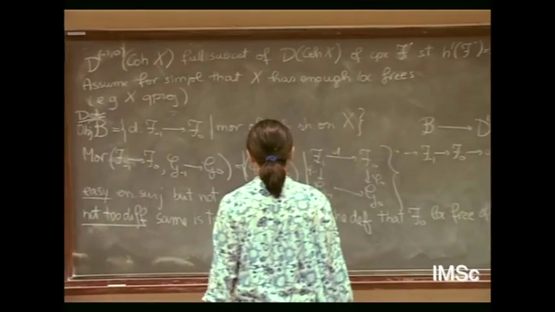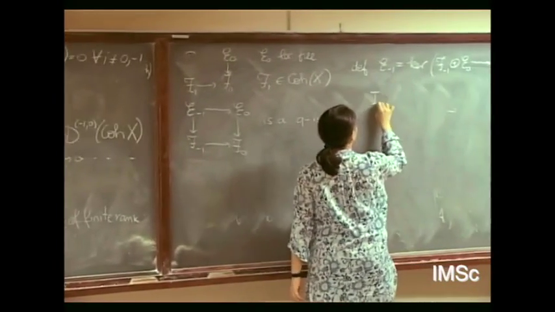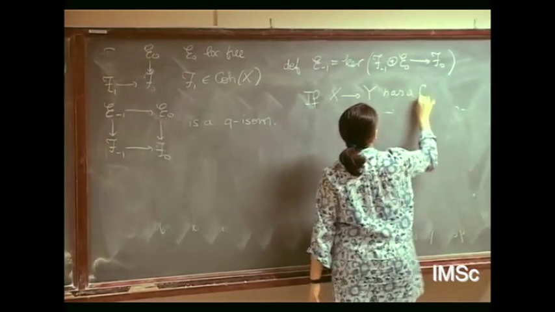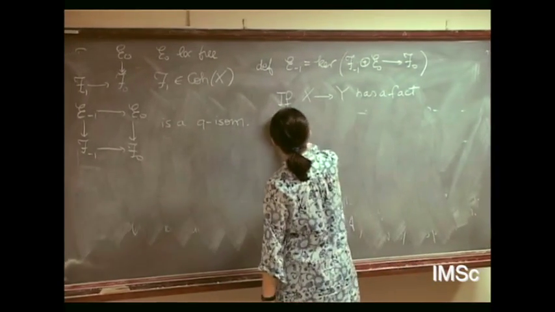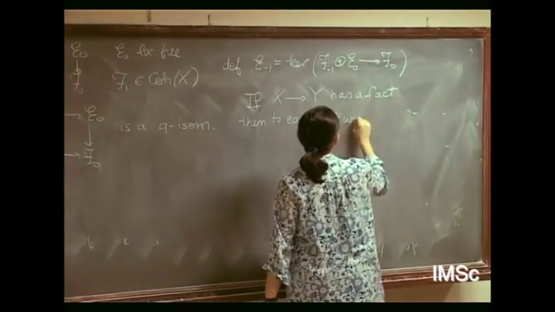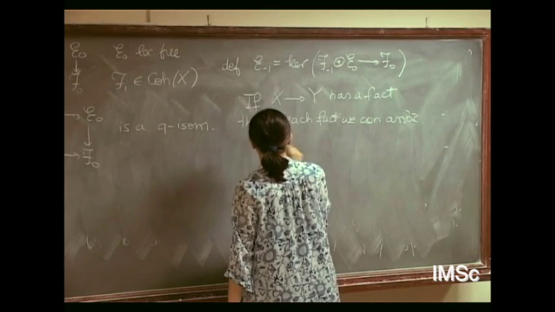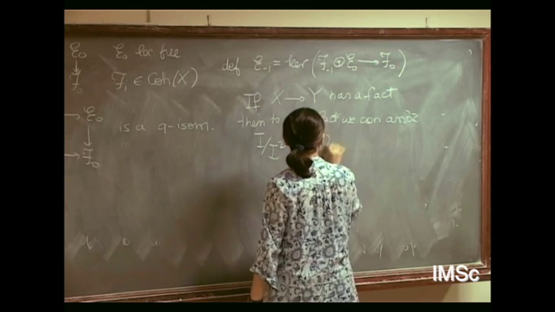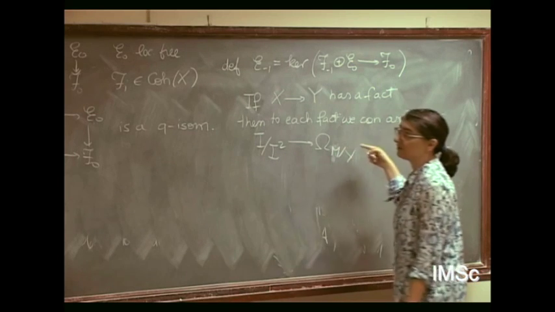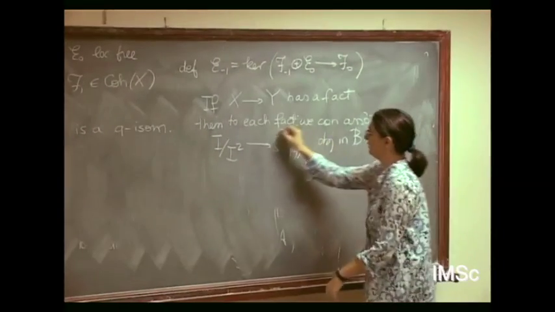a priori we don't know this, but what we have seen is that if X to Y has a factorization, then to each factorization we can associate exactly such an object, Omega rho, Omega m in Y, which is an object in B with this one locally free.